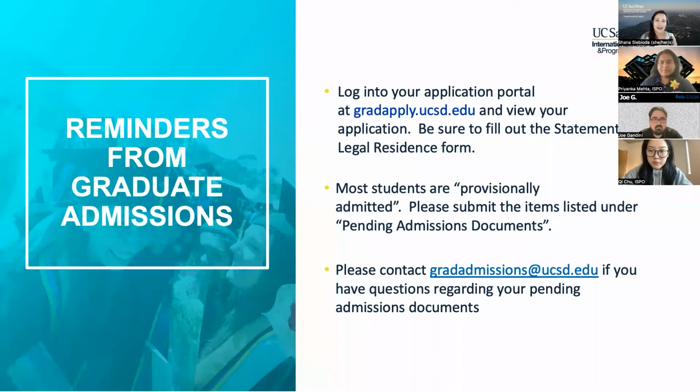I also have a reminder from our graduate admissions team: most of our students are admitted provisionally, which means there are final documents that need to be submitted to our office. Your application portal, which you can access at grad.apply.ucsd.edu, has all of this information. It also has information on the Statement of Legal Residence form.